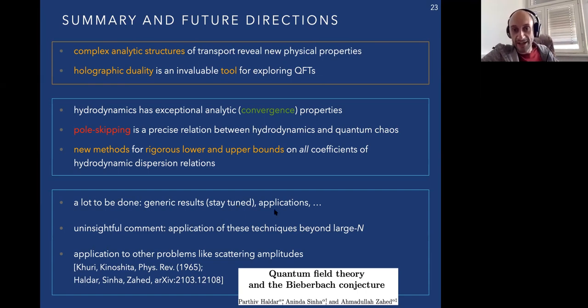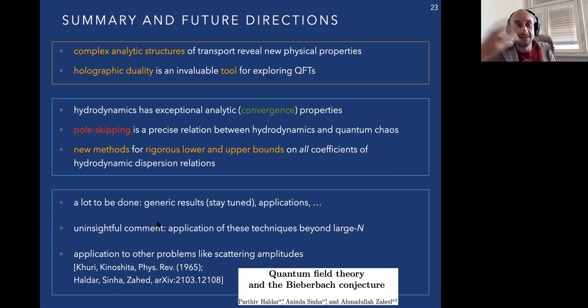And what are the applications? And then, of course, there's the uninsightful comment that we need to apply this to not large N. Of course, ideally, we would like to understand if, say, the speed of sound is bounded by something in all asymptotically free theories like QCD and things like this, and then, relating to the recent beautiful work by Aleksi Vuorinen and Kurkela and collaborators, better understand whether this has something to do with free quarks in the cores of neutron stars and so on.